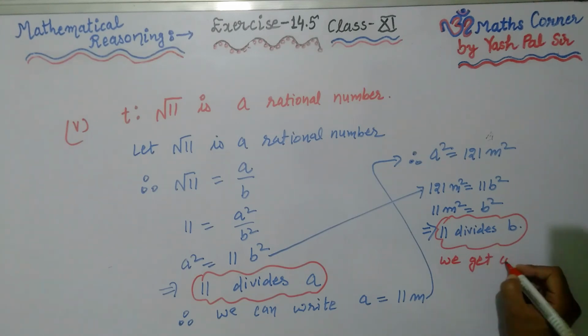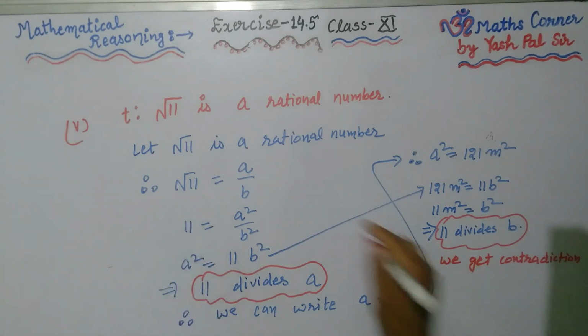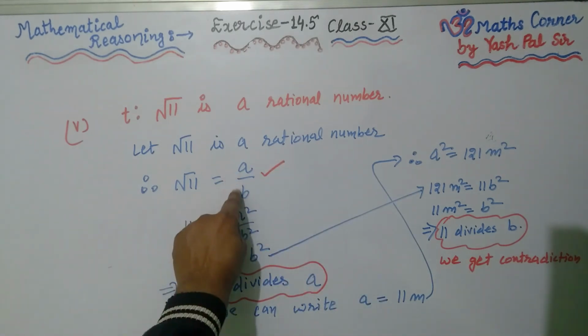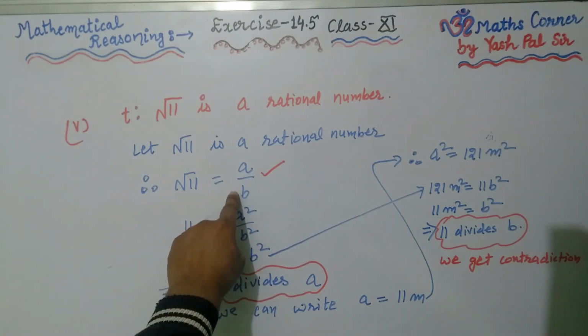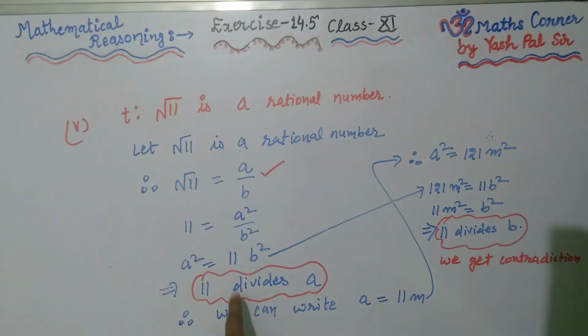That is, we get a contradiction. Now what is the contradiction? We supposed here square root of 11 is equal to a upon b, where a and b are co-prime. There is no number which is common in a and b, but here we are concluding that 11 is common in a as well as 11 is common in b.